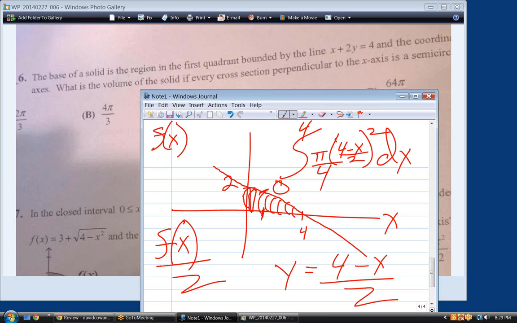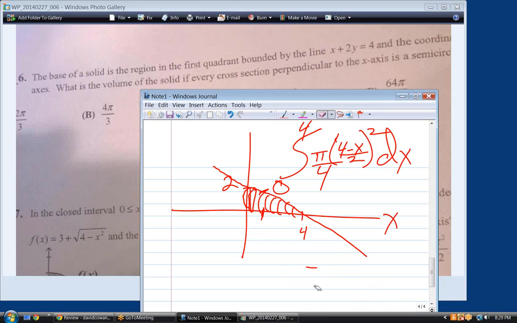Do you know how to evaluate that integral? Would we just square it? Not exactly sure. Okay, first of all, we can take out any constants, right?